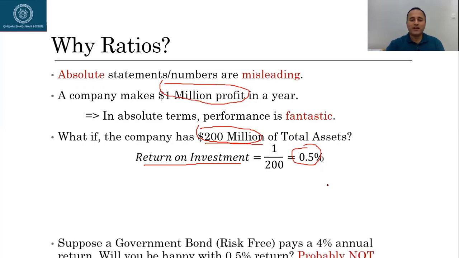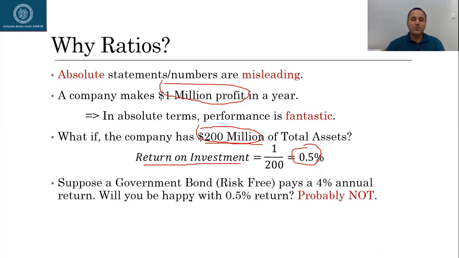It's only 0.5%. Now suppose your company is operating in an economy where the government bond, which is a risk-free security, pays 4% annual return. So will you be happy with 0.5% return? Probably not, because you are only getting 0.5% return and you are taking some risk as well.